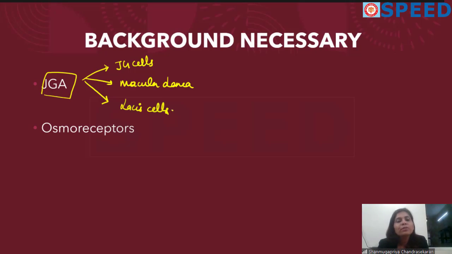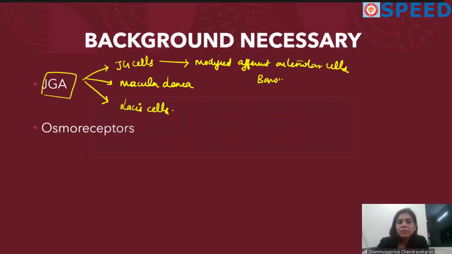For this discussion, I'm going to tell you only about JG cells. JG cells are modified afferent arteriolar cells, and they are basically baroreceptors or volume receptors.